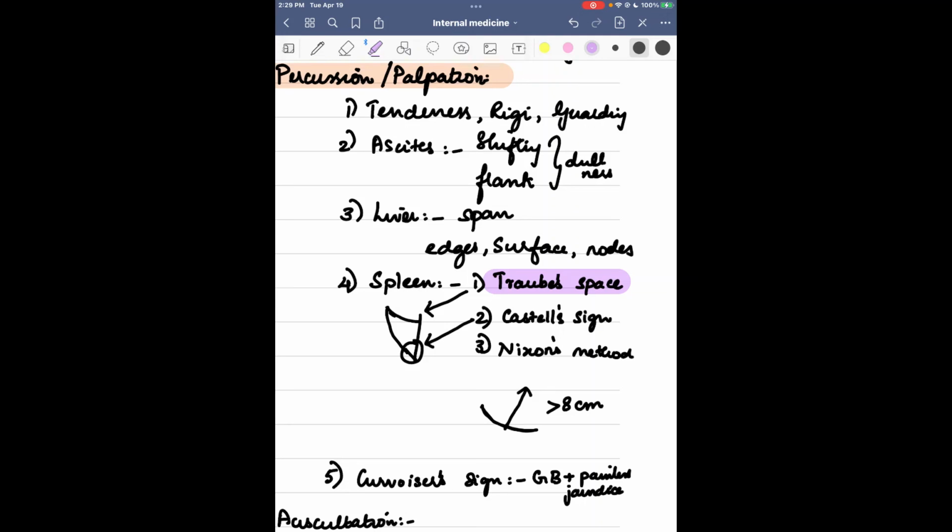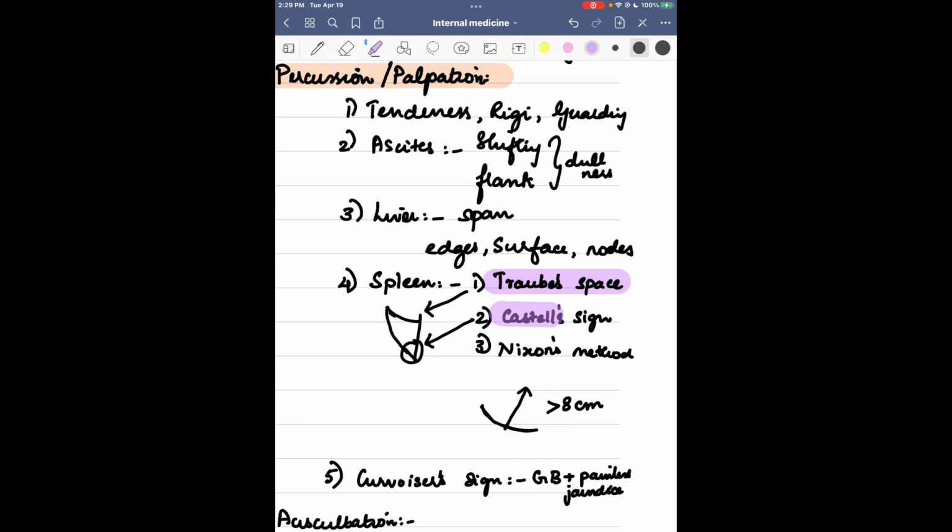So on the left we have the anterior axillary line, and on the right we have the left costal margin, and superiorly we have the sixth costal rib, and it is usually resonant on full inspiration. But if it is dull on full inspiration, then there is probably a splenomegaly.